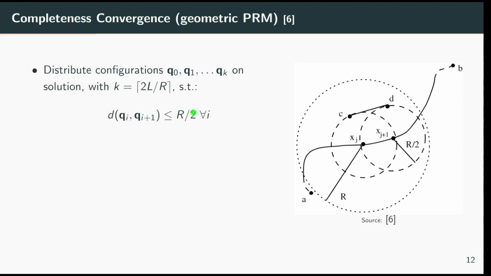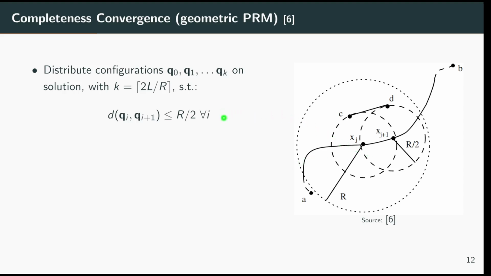And then for the proof, it's also quite geometric. So the idea here is that we now put again our configuration of the solution path, and we put exactly, if our path is L long, we put like 2L over R intermediate points there.